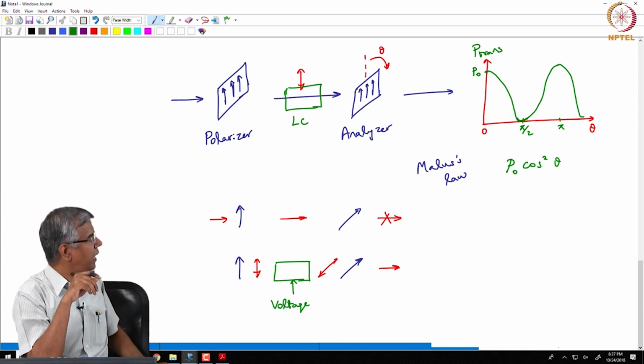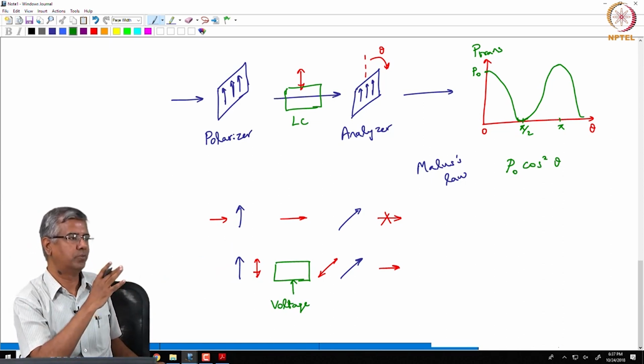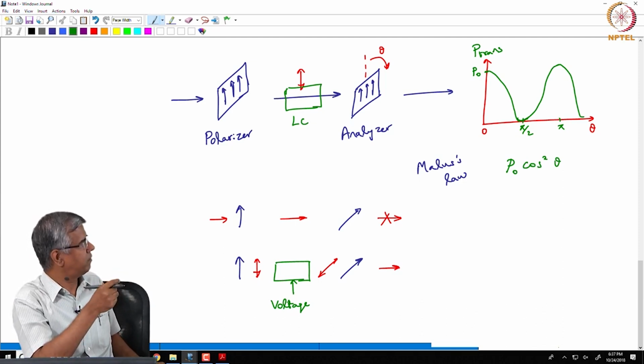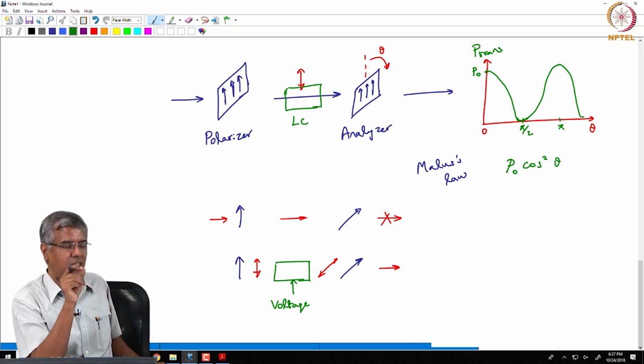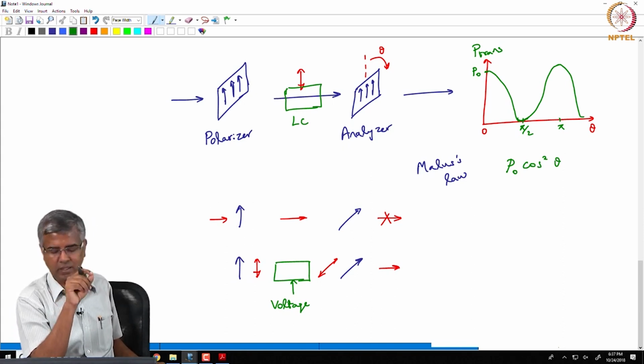In certain parts it is white light, that means light is going straight through. In certain parts there is a particular color, red color. That goes through a red pixel which is turned on, which means that there is a voltage applied to that red pixel such that it is transmitting.